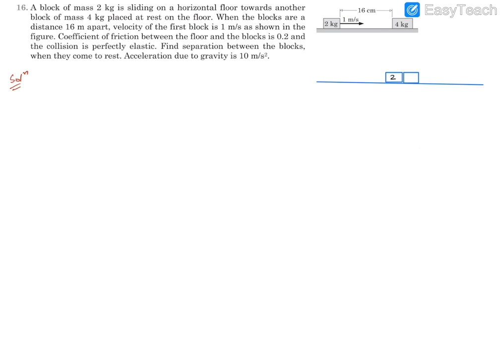The size of the blocks has to be ignored, though they appear larger. We can call it m1, we can call it m2, and this m1 was moving with the velocity u equal to 1 meter per second, and the second one was at rest. This is just before collision.